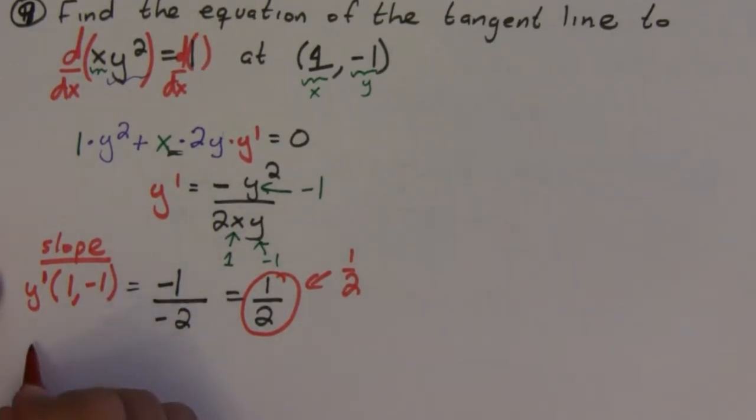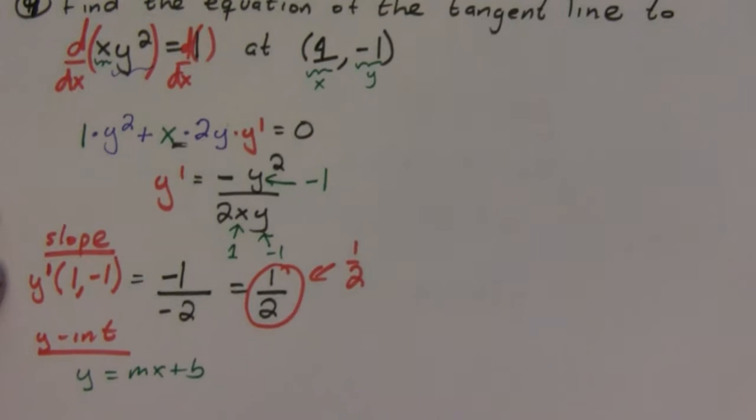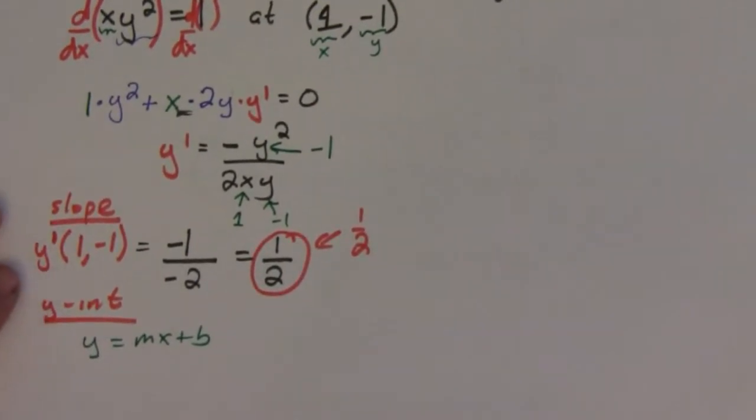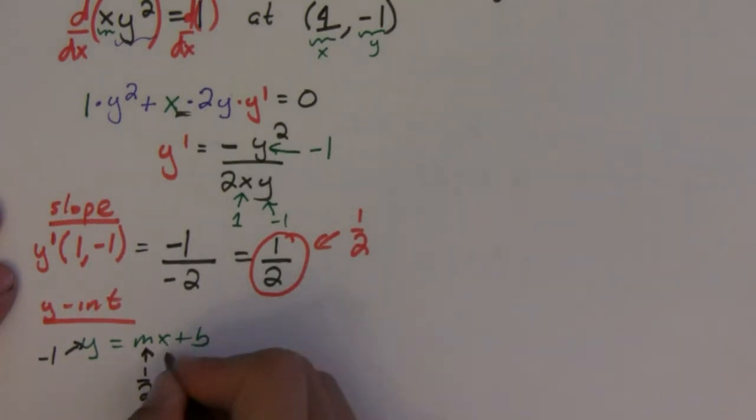Okay, and then the second part is I need my y-intercept. So I have my equation of a line, y equals mx plus b, and I write down what I have. So far what I have is that y is equal to negative 1, my slope is equal to 1/2, and the x value is equal to positive 1.